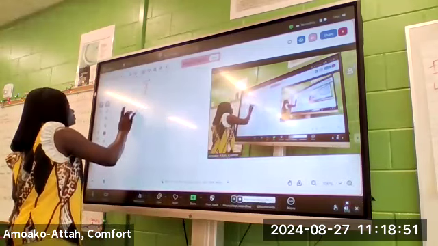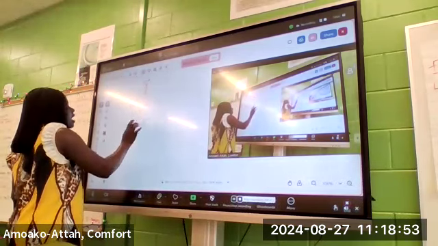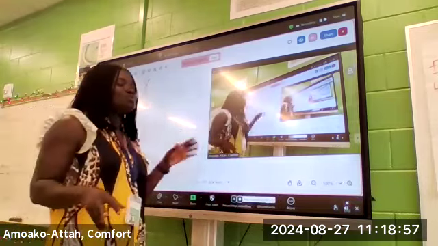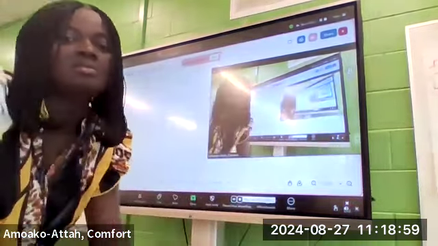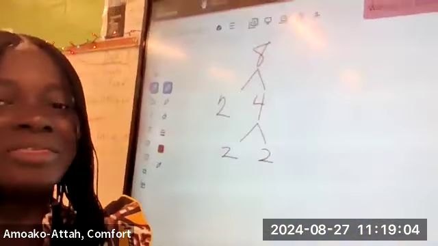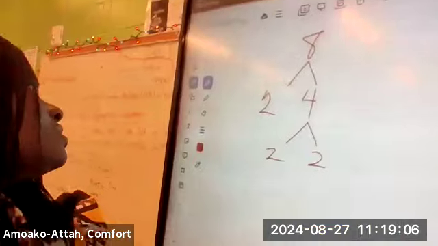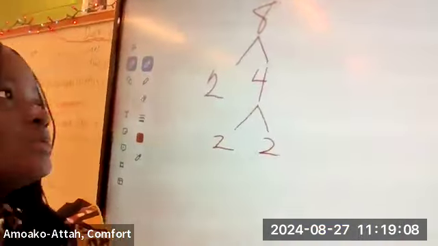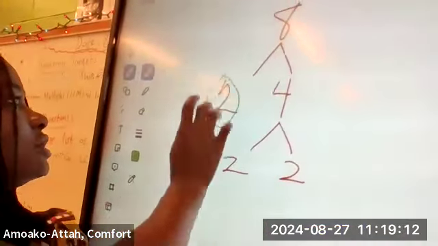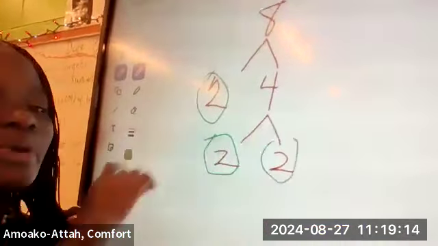So I have 2, 4, and then breaking 4 down to get 2, 2. Sorry, I think I have to take the laptop, right? Good. Okay, I think this is better. So I have 2, 4, and 2, 2. Now let us circle out the prime numbers here. We have 2 as a prime number, 2 as a prime number, 2 as a prime number.